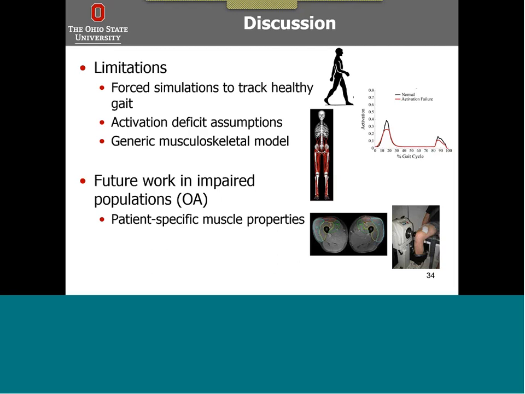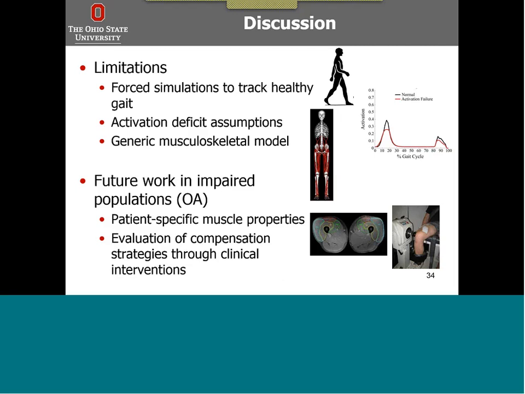In my own dissertation work, we performed a pilot study in which we measured and incorporated patient-specific muscle properties of an individual with knee OA. That work is currently being prepared for journal submission. Future work with individuals with pathology will hopefully expand on these results and determine individual compensation strategies that can be evaluated through clinical interventions.